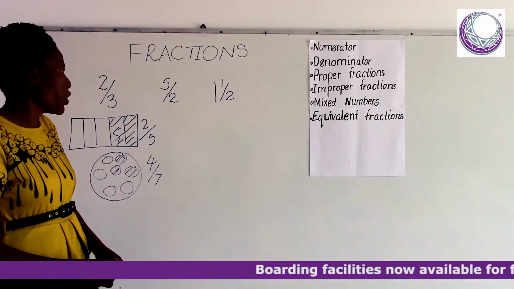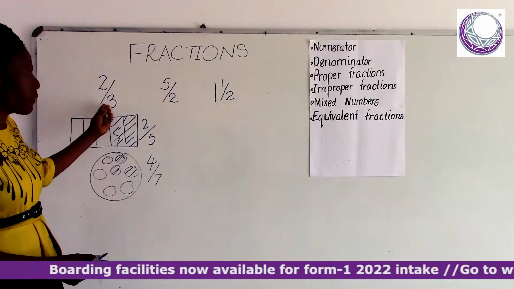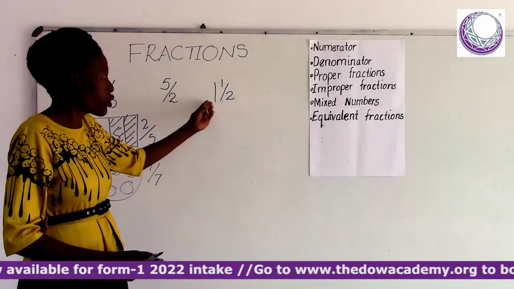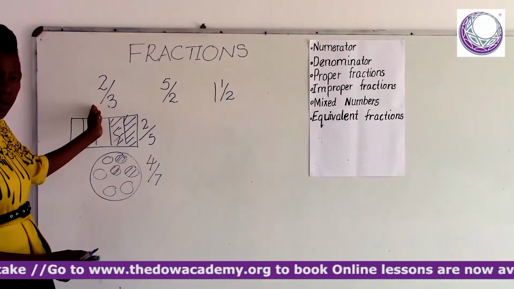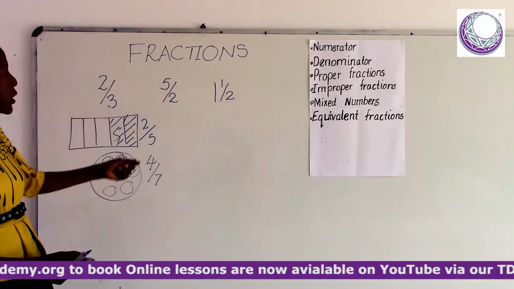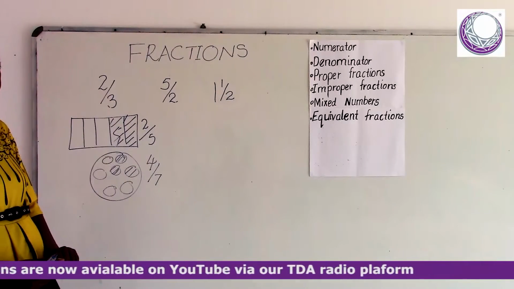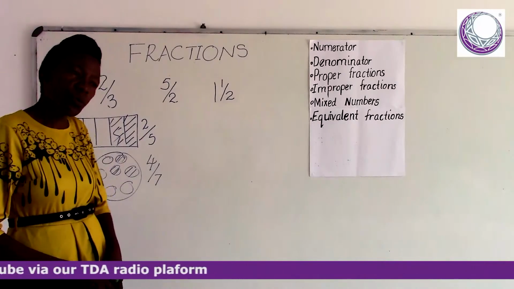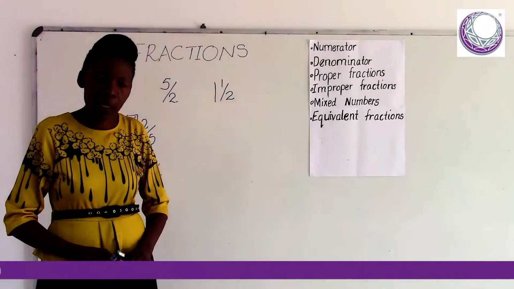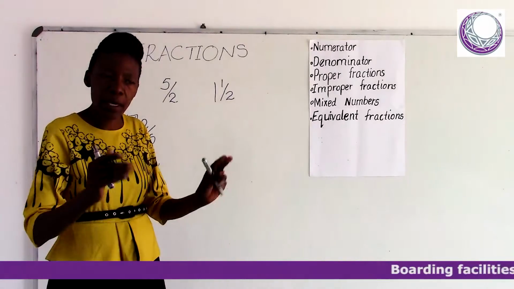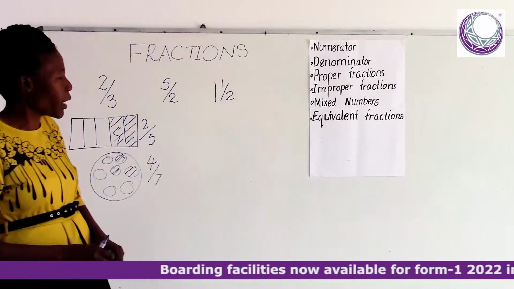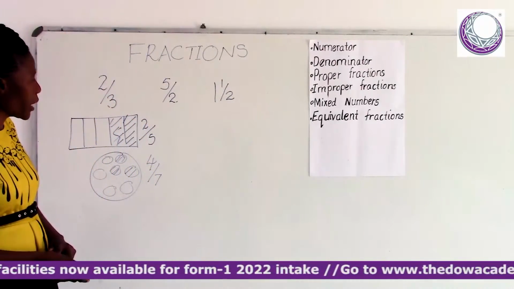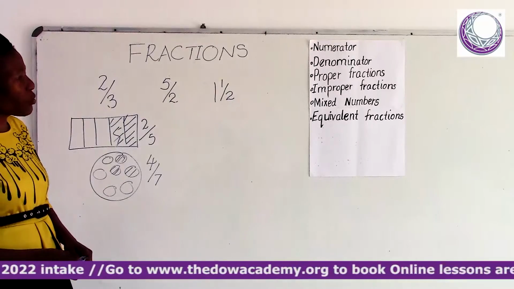I'm sure from here you'll be able to classify these fractions. I'm sure you can tell that this is a proper fraction. You tell that 5 out of 2 is an improper fraction. You tell that 2 and 7 over 8 is a mixed number. I'm sure you'll be able to classify that today, and you remember it even as you get into your exam room.